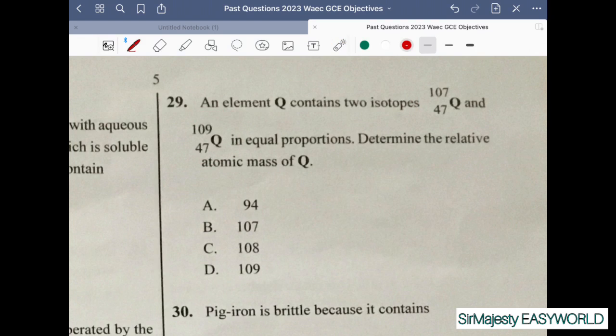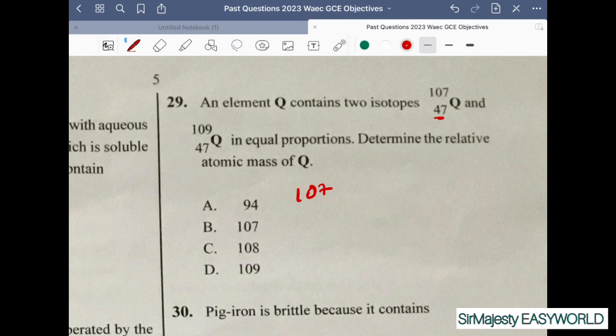Now, how are we going to determine the relative atomic mass? Simple. Take the mass of this one, 107, divided by 100.